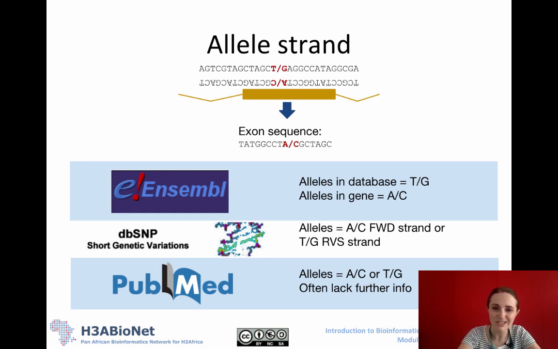If you're looking at a G/C or an A/T, it can be very confusing and misleading as to which one might be the relevant allele, the disease-causing allele that they're talking about in this paper, if they haven't told you which strand they're on. So do look out for things like that.